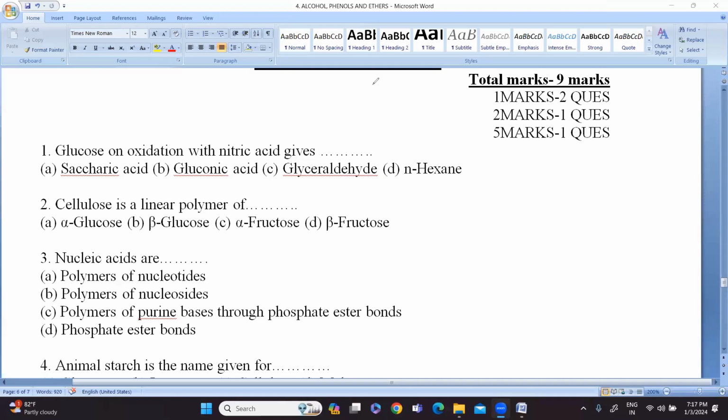Swati and Vedvati have answered it as B. Yes, students, what is the answer?